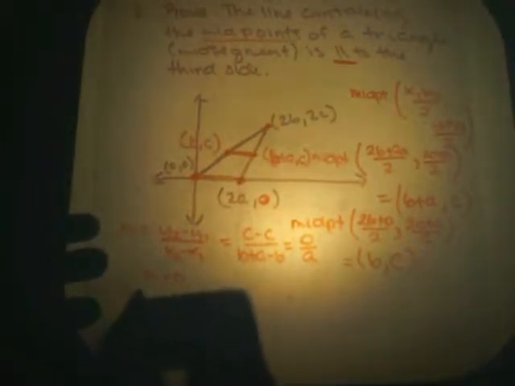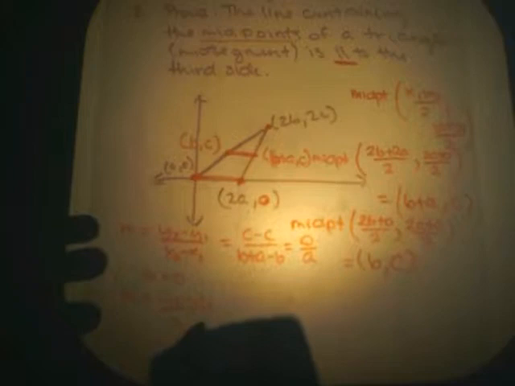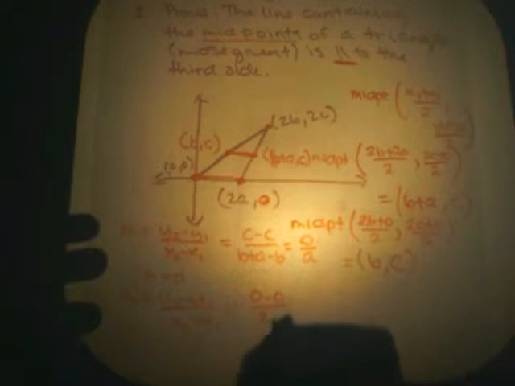For our second one, we want to do y2 minus y1 over x2 minus x1 again. And when we plug in, we're again using this bottom line now, so we're going to do y's first, 0 minus 0, over 2a minus 0, which is 0 over 2a, and that gives us a slope of 0.